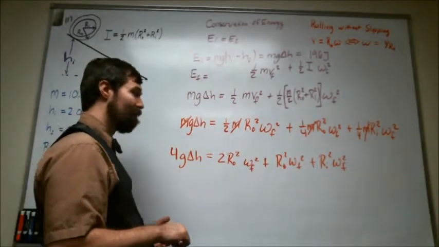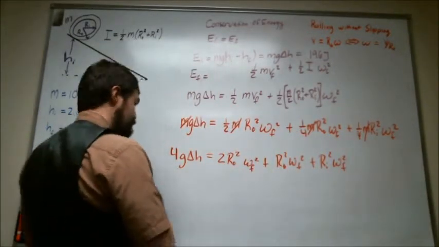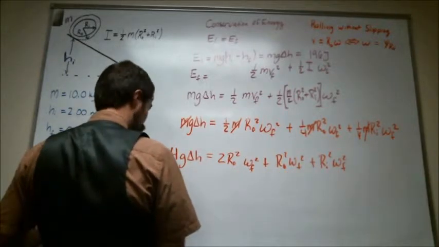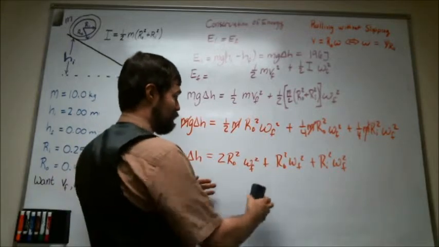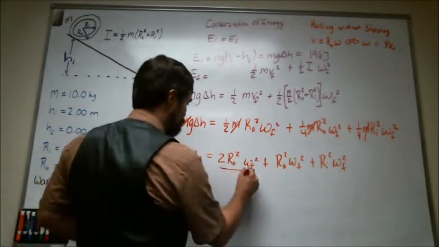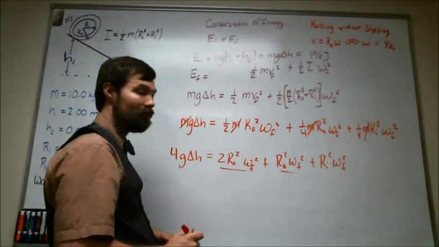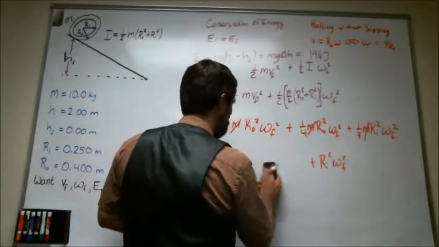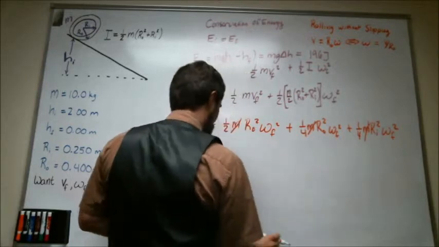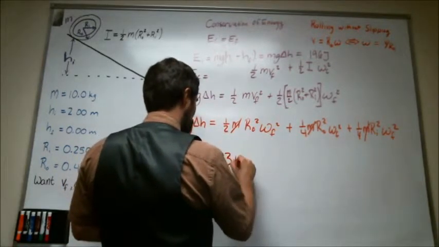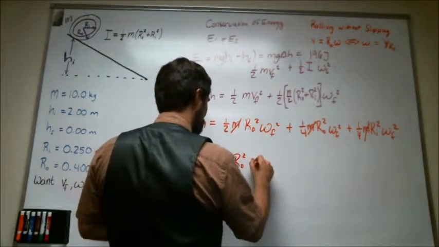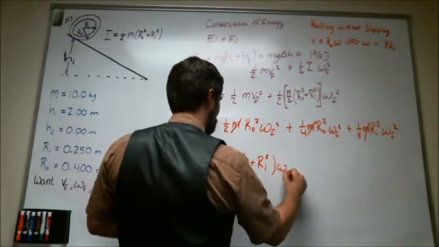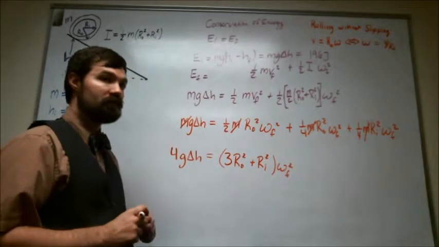So we're trying to solve for the angular speed. All of these terms have an angular speed in them. So let's combine our like terms, and let's anti-distribute the angular speed. What that ends up looking like is 3 times outer radius squared plus inner radius squared times angular speed squared.